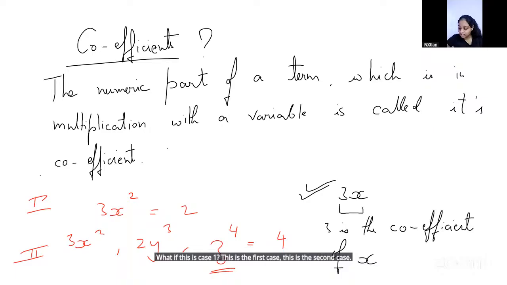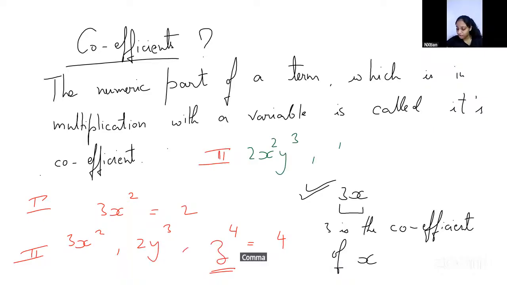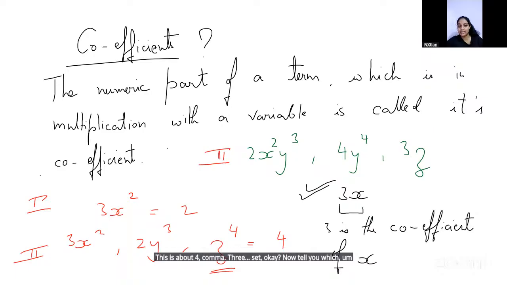And another case goes like this. If I have 2x square y3, comma, 4y raised to the power 4, comma, 3z. Now tell me which term has the highest degree.